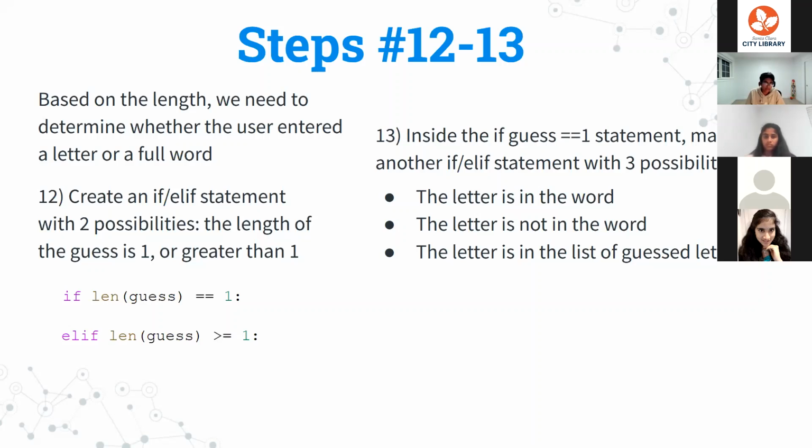The three possibilities are: the letter is in the word. So if the guess, let's say it's n, is in the word, that should read true. If the letter is not in the word, it should read false. And then the letter is in the list of guessed letters. That's basically saying repeat, and that's probably not going to be part of the return.